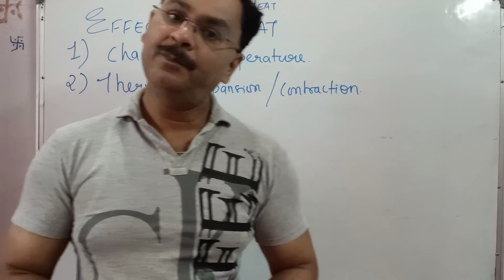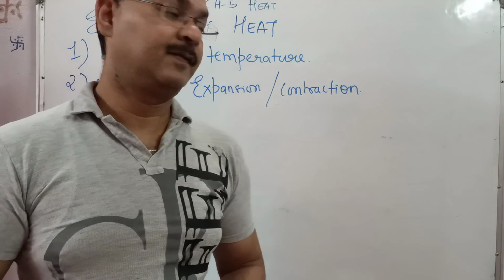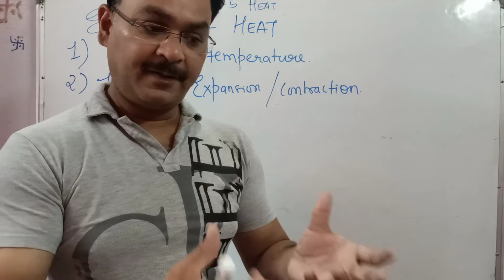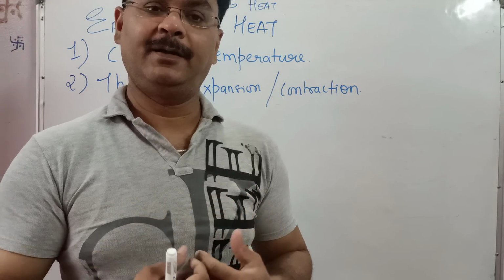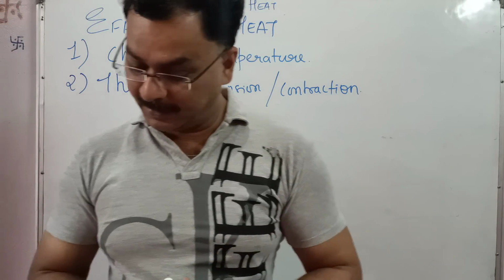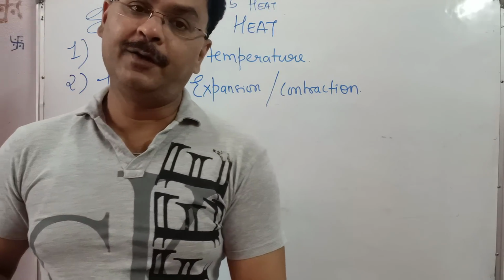Why is it so? Because in summer, when the temperature is high and the heat coming from the sun is high, the iron rails absorb heat and they expand. And if they don't find space for expansion, then the railway track will be deformed.